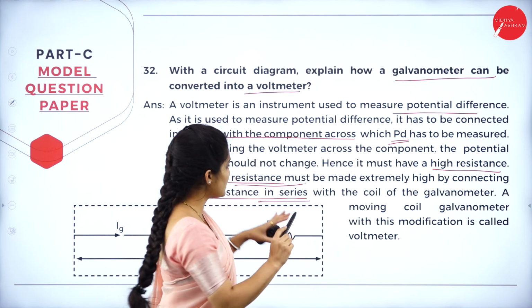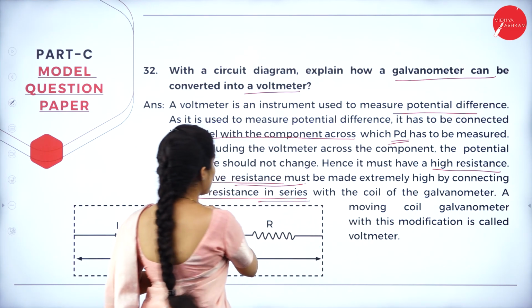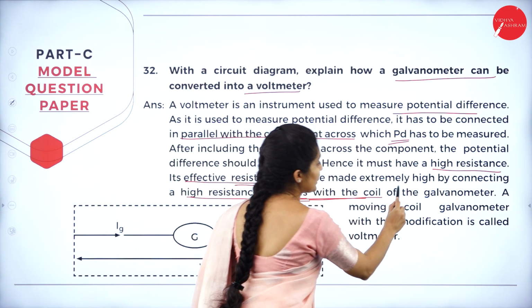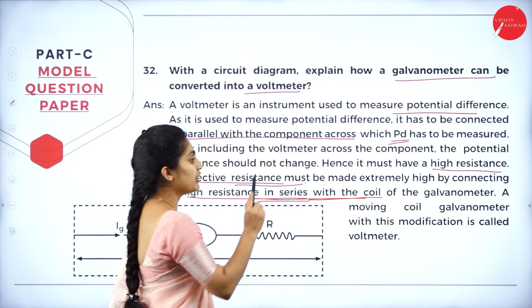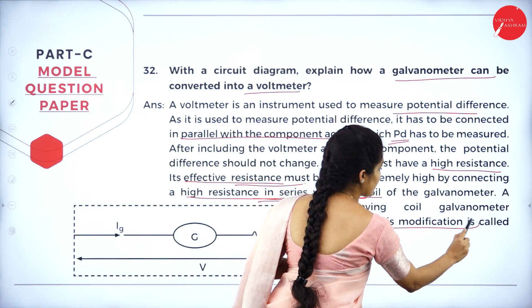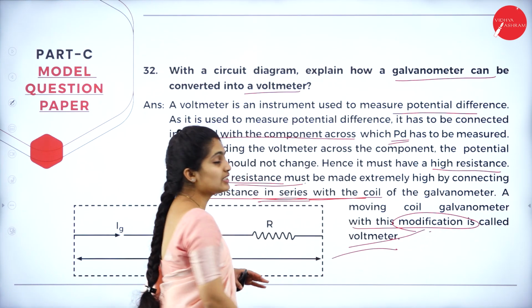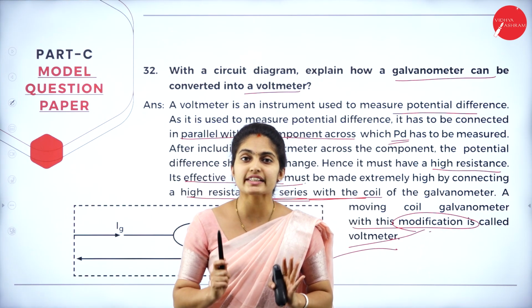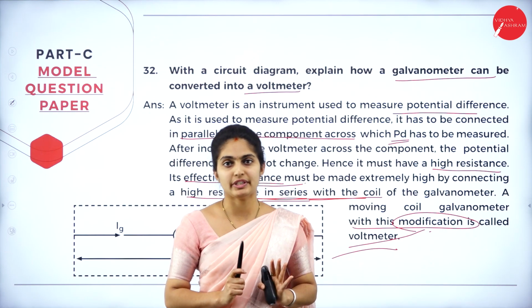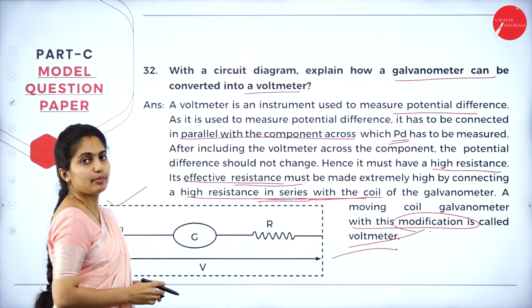Okay, so this is the very important line, that is the high resistance is connected in series with the coil of the galvanometer. The moving coil galvanometer with this modification is called as voltmeter. That is, successfully the galvanometer is converted to voltmeter. And this diagram is important.